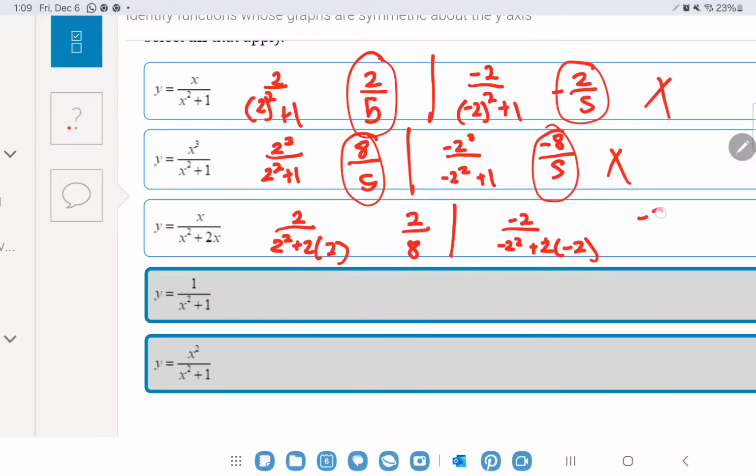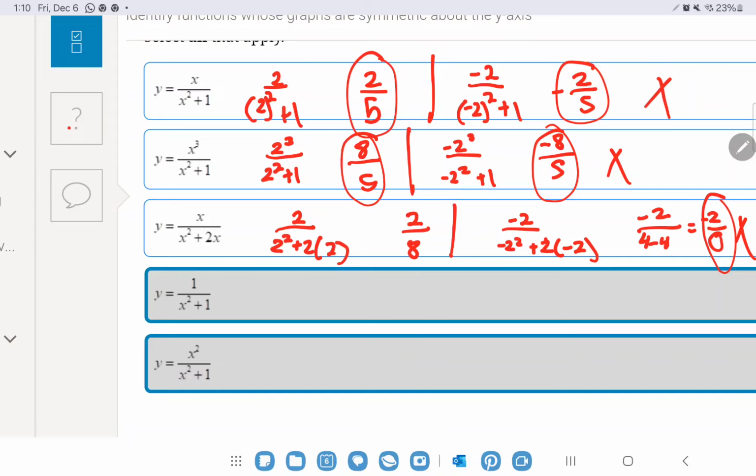We're gonna get negative 2 over 4 minus 4, which is negative 2 over 0. This is, what's it called? An undefined number. It's over 0. You can't have any fraction over 0. This is wrong. This isn't odd nor even. It's not a function.